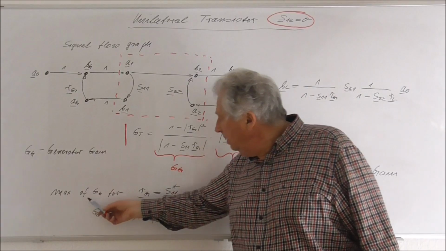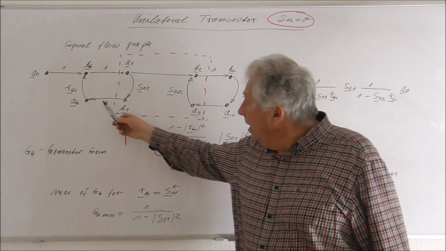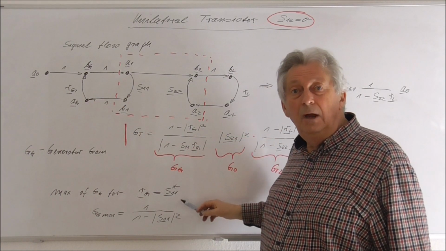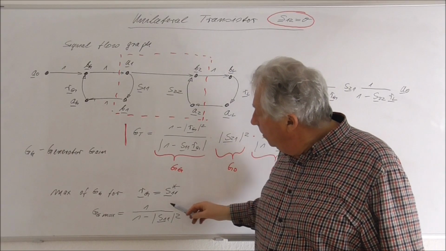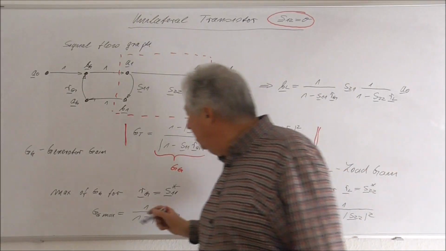And then we will see a maximum of the generator gain we will get as soon as Rg is equal to the conjugate complex of S11, and this gives now the maximum of our generator gain.